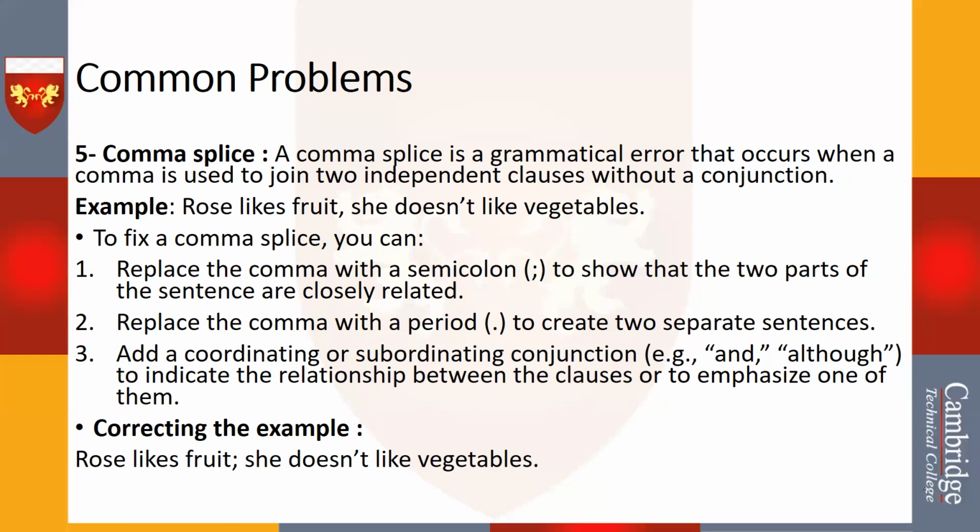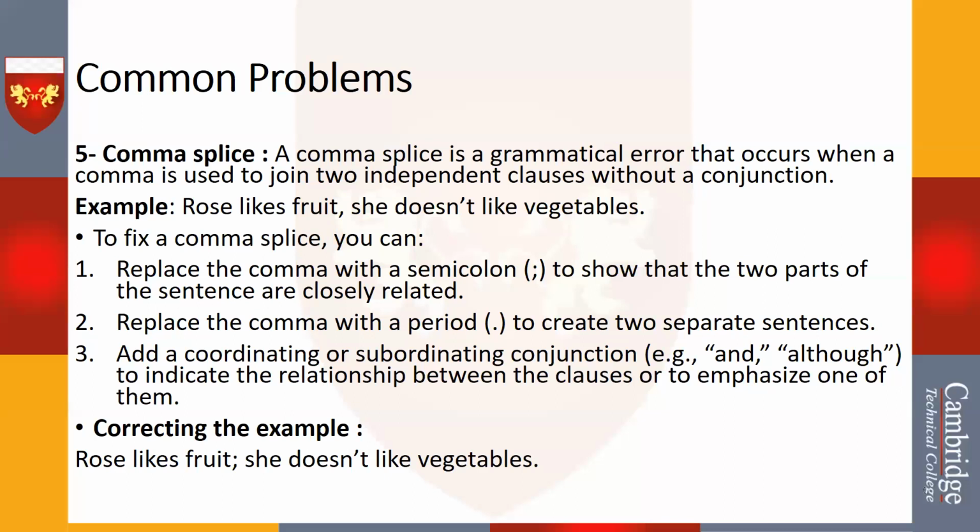For example, Rose like fruit. She doesn't like vegetables. So الكوما سبلايس هذه تلقاها هي الجملة تلقي فيها الفاصلة بس ما فيهاش الأداة الربط. Okay? Did you understand? Yes.